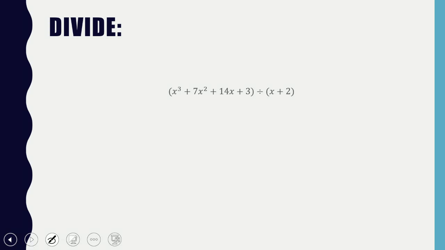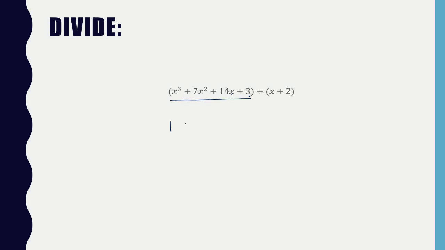Here we've got another one. It looks a little different, but it works exactly the same. So we've got that division sign, which tells me that I'm going to pull all of my coefficients out of this first polynomial. I want to make sure I have one for every place. So since I'm starting with a third degree, I want to make sure I have something in the second degree, the first degree, and the constant place. I do. I'm good. I don't need any zeros.